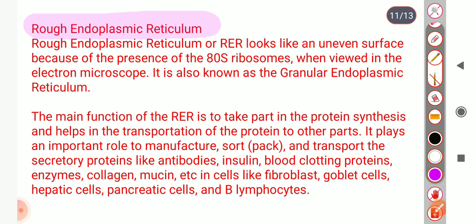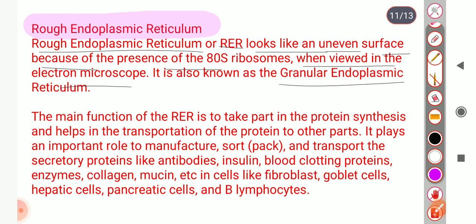Now when we come to the rough endoplasmic reticulum, or RER, it looks like an uneven surface because of the presence of ribosomes when viewed in the electron microscope. When we view it in the electron microscope, ribosomes are present on the surface of the rough endoplasmic reticulum, so it has an uneven surface-like structure, and it is also known as granular endoplasmic reticulum.